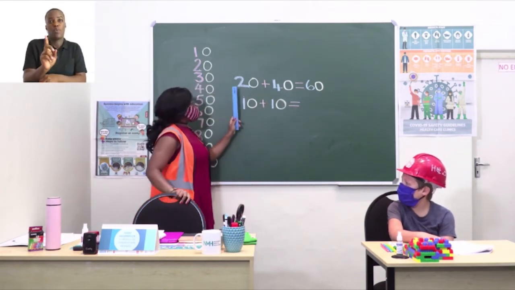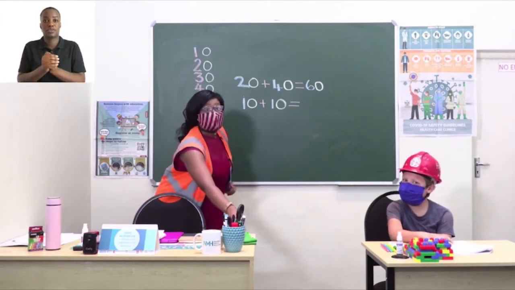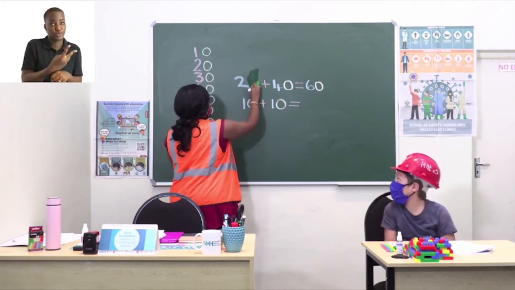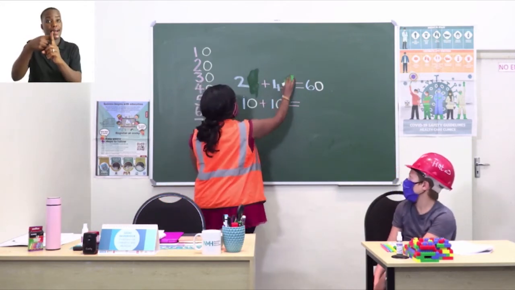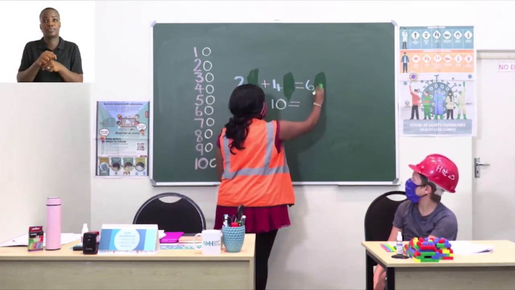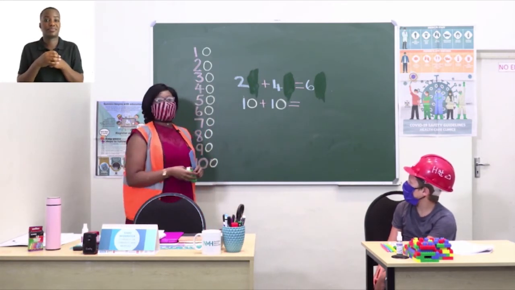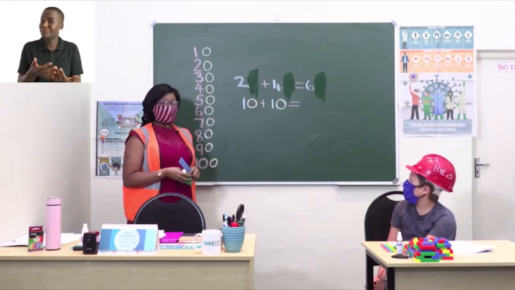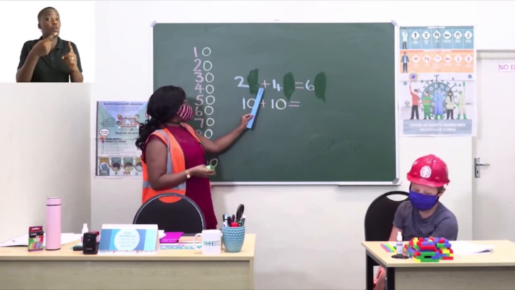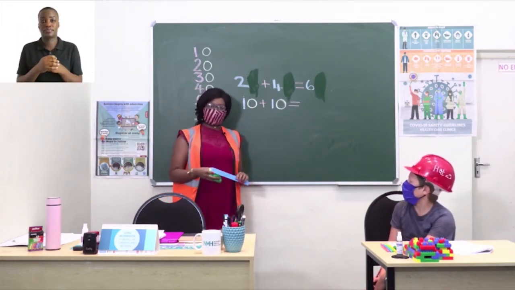If we focus on the first digit of every number, you are going to see that it will say 2 plus 4 equals 6. And this makes our sum easier to add. So we have already been given the answer. 2 plus 4 equals 6 in the example.